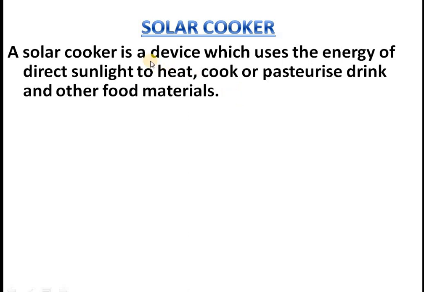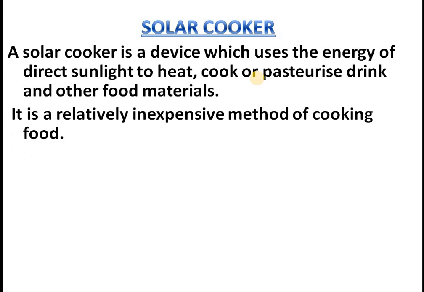It is a device which uses the energy of sunlight to heat, cook and pasteurize. You can even pasteurize drinking beverages, and even for industrial cooking you can make use of solar energy. So we will study such a solar cooker.